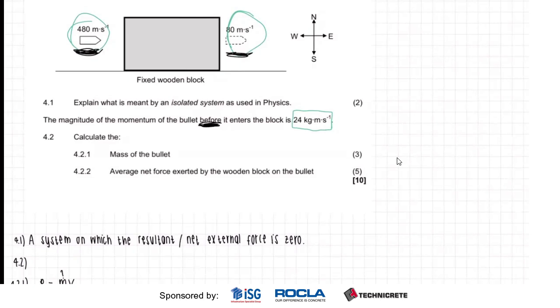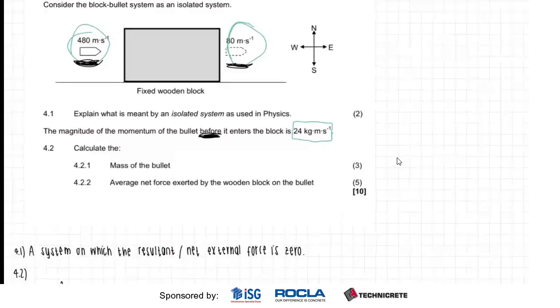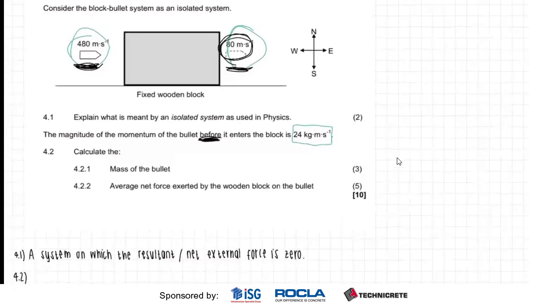The momentum is the momentum of the bullet before it enters the block, so the velocity that we must use is the velocity of the bullet before it enters the block. Because the momentum of the bullet after it exits the block, when it is going 80 meters per second, is going to be different than the momentum before it enters the block. So we must make sure that they correlate to one another.